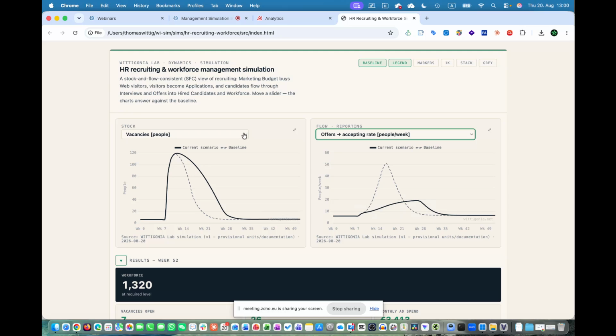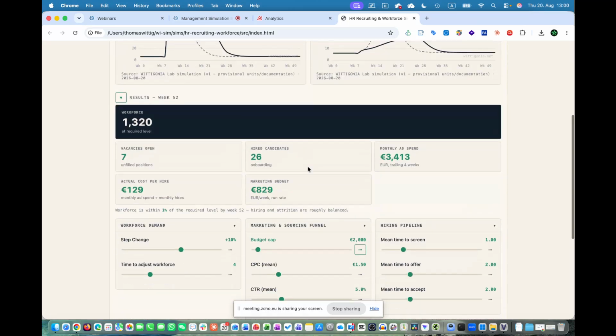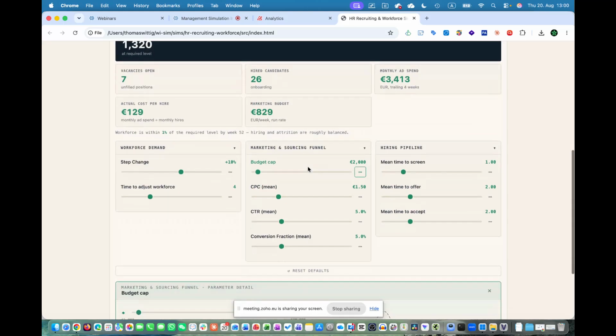Now, this is a look under the hood. We walked from a simulation model to a consistent stock and flow model to a fully blown digital twin simulation, a real-time simulation, which we can use to better understand how our recruiting system behaves under different conditions, how decisions impact our outcome and performance, and what could be better scenarios.